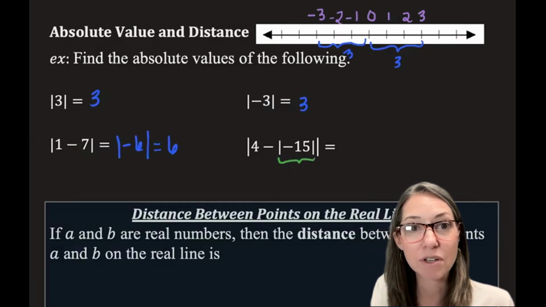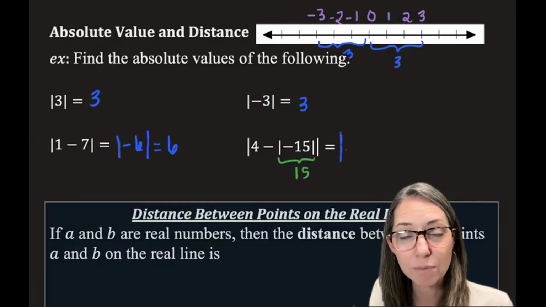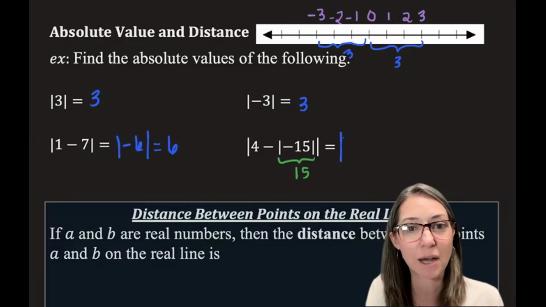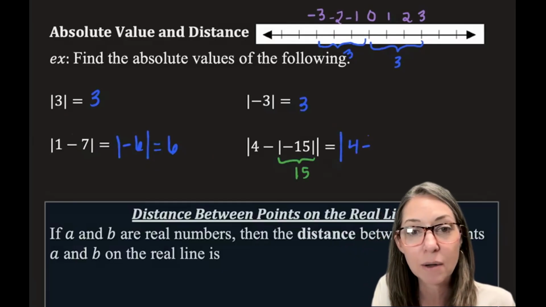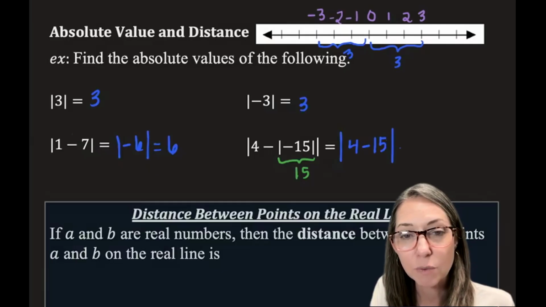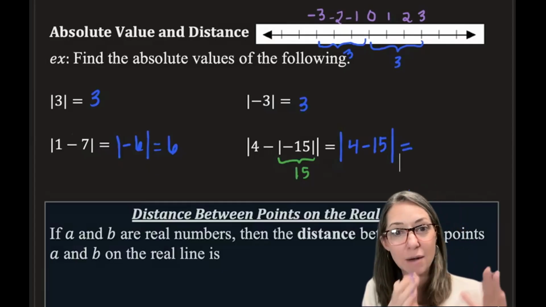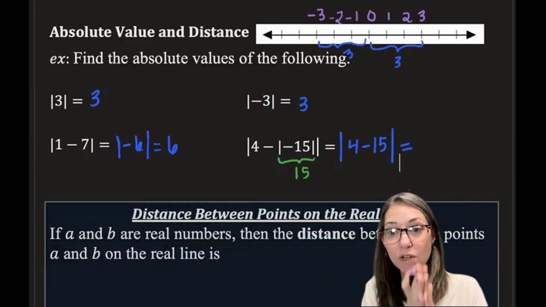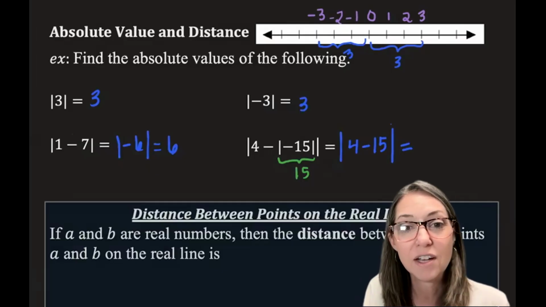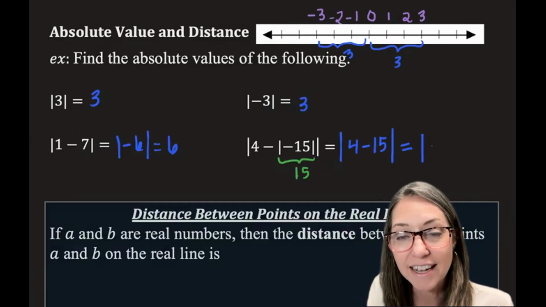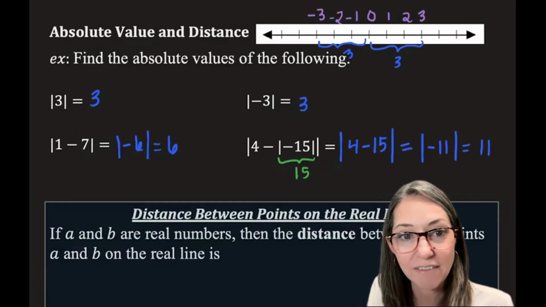So that absolute value of -15 will become +15. So I'm going to rewrite this whole expression one step at a time as the absolute value of 4 minus +15. Next, we do the subtraction. We do not take the absolute value of each number and then subtract. We do the absolute value of the whole expression. So 4 minus 15 is -11, and the absolute value of -11 is 11.